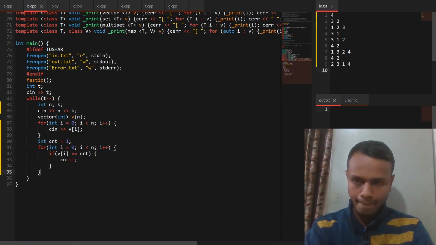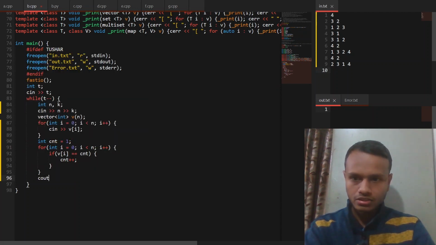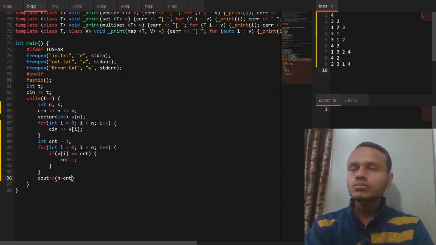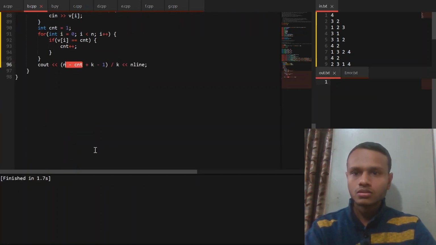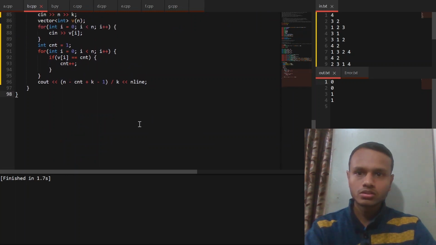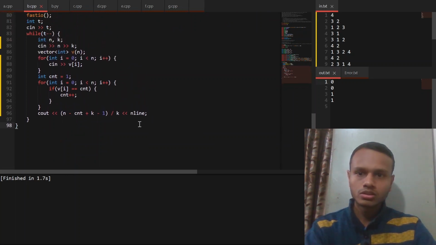Now at the end just output (n minus count plus k minus 1) by k. I mean n minus count is the number of elements that will be used in the operations. Somehow it is incorrect.